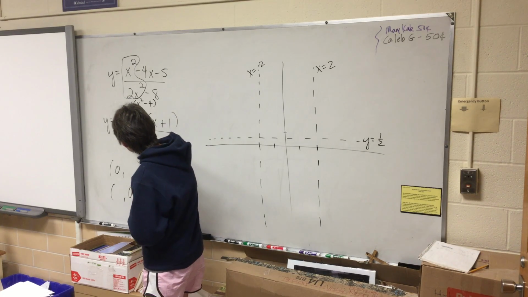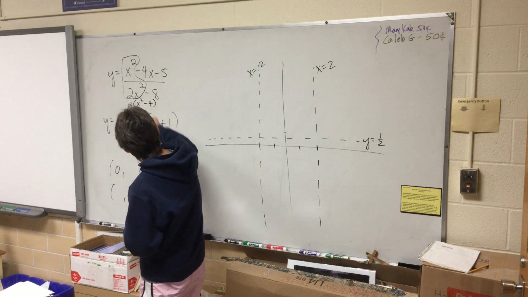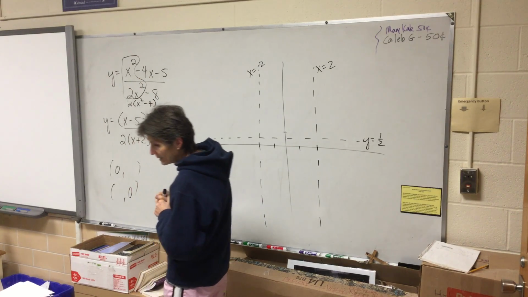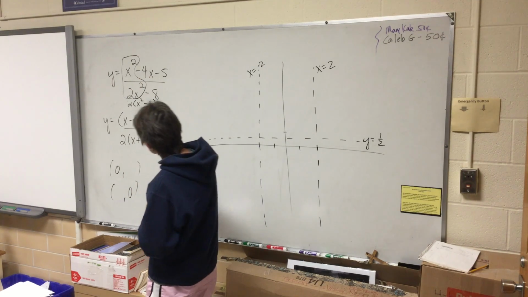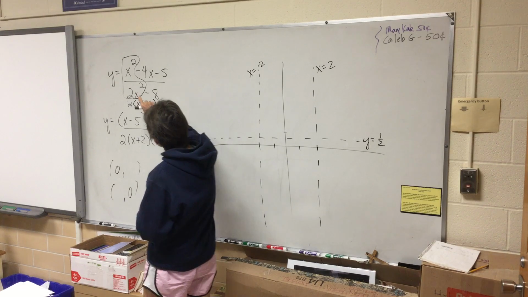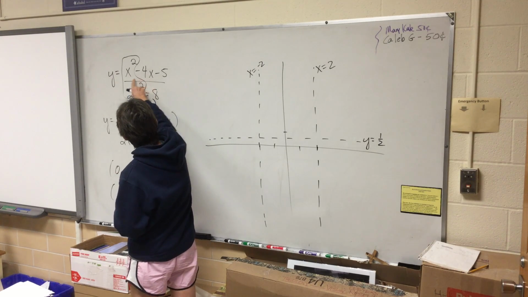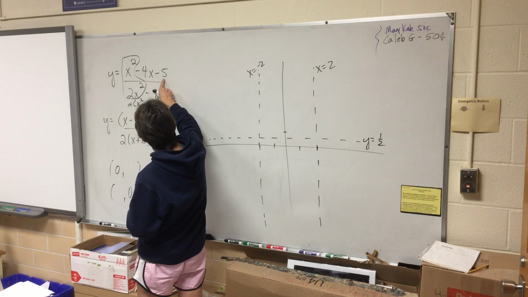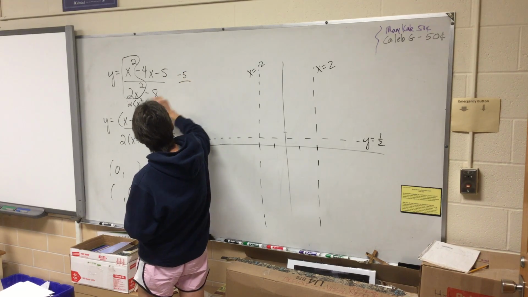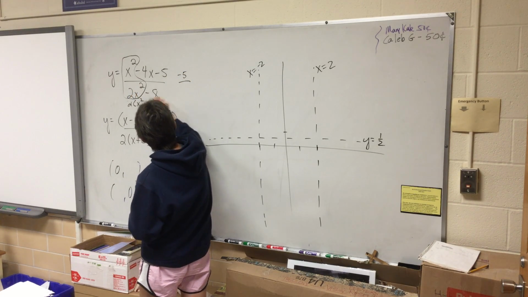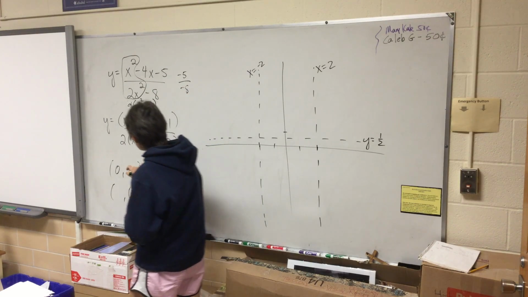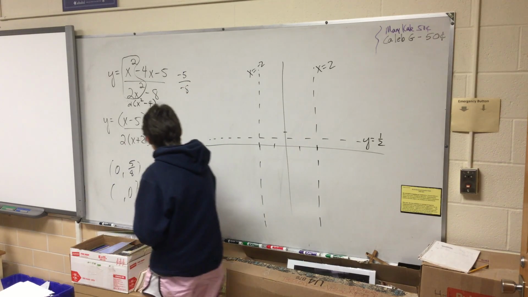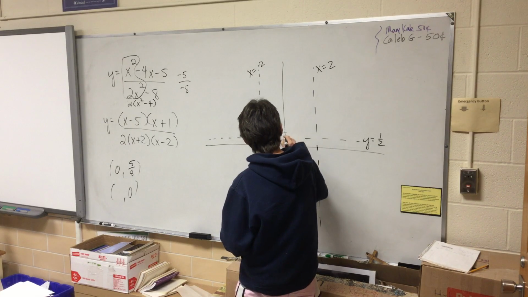We can do that here, or we can do it in the original problem. I like to do it in the original problem because there aren't as many x's. If I put in zeros here, all I have left is -5. If I put in a 0 here, all I have left is -8. So it looks like I have the point 0, 5/8.